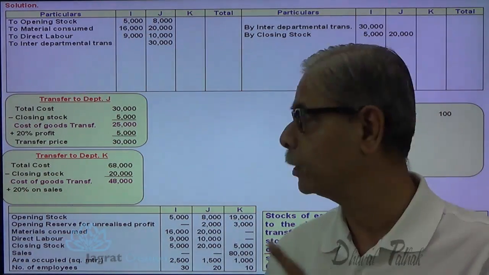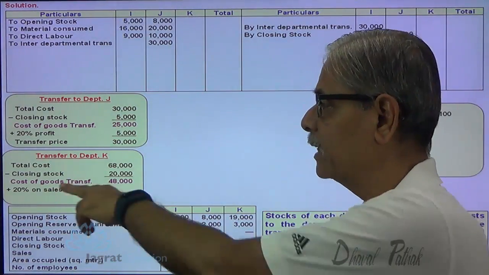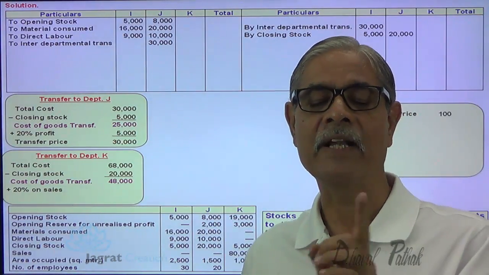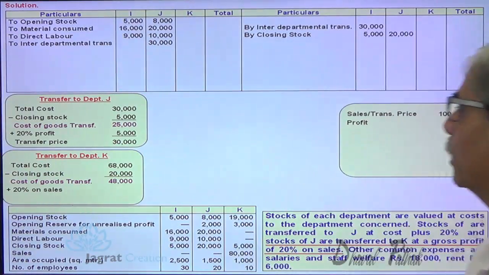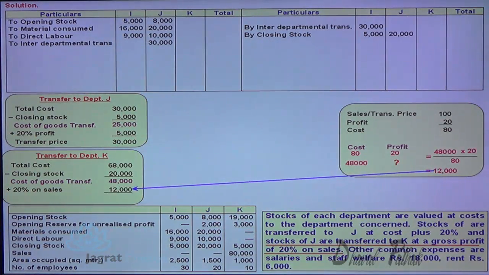So 48,000 into 20%, 9,600 is not the correct answer, because if I multiply 48,000 with 20%, then it is 20% on cost, and I am told that it is 20% on sales. So I am required to prepare a working note: if the sales price is 100, profit is 20, cost is 80. If 80 is the cost, then 20 is the profit. How much for 48,000? If you work it out, that works out to be 12,000, not 9,600.